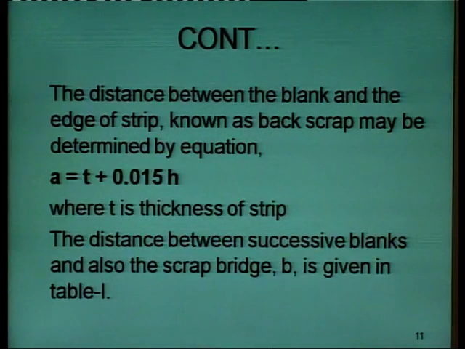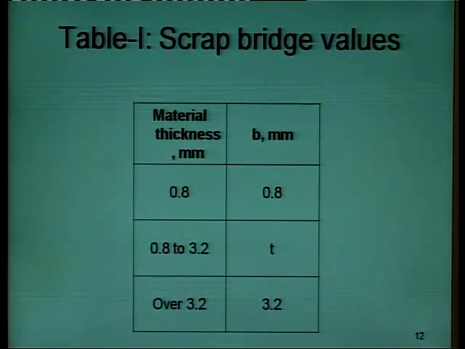Now, the distance between the successive blanks, the scrap bridge B, is given in the table as shown. If the material thickness, in mm, is 0.8 mm, then the scrap bridge value B will also be 0.8 mm. If the thickness is between 0.8 and 3.2, then B will be equal to the thickness, and if the thickness is over 3.2, then B will be equal to 3.2.